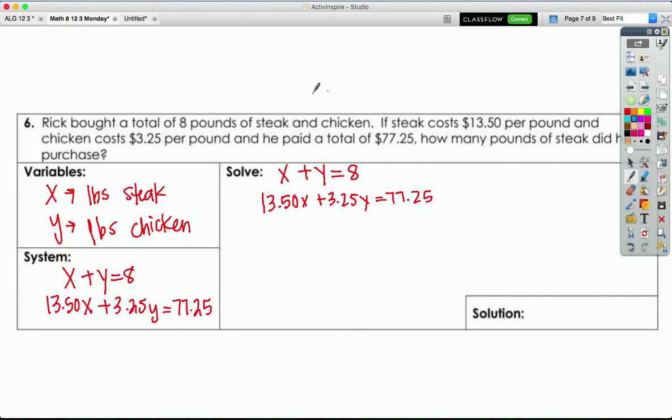For substitution, I either have to have x equals something or y equals something. So if I look at that first equation, I could either move the x over or move the y over. Either one would work. Say I choose to move the y over. If I subtract that positive y from both sides, my other equation is x equals 8 minus y.